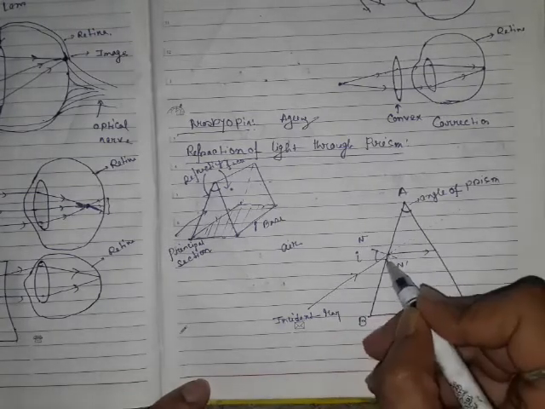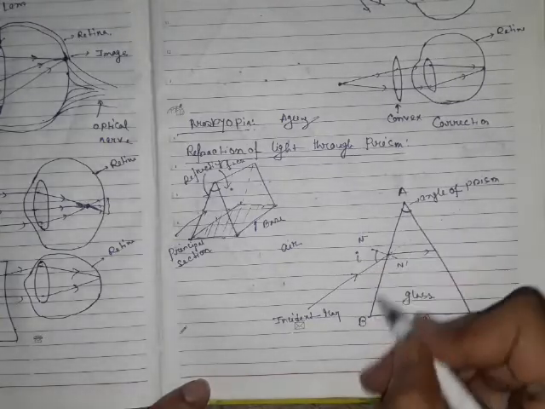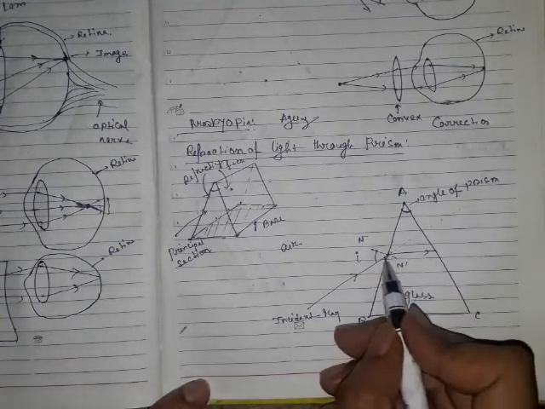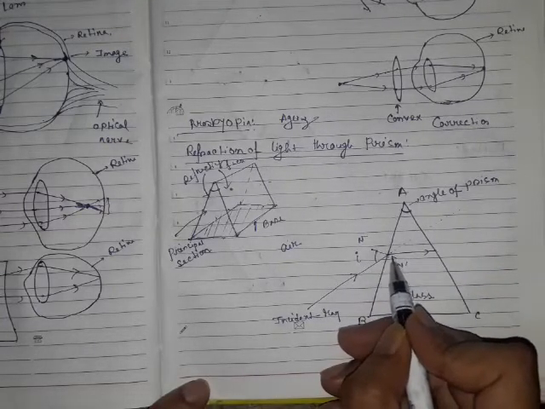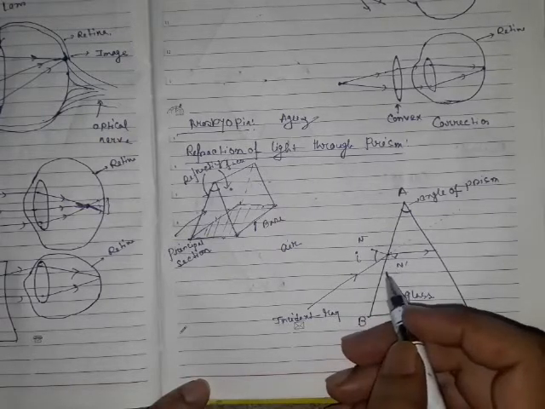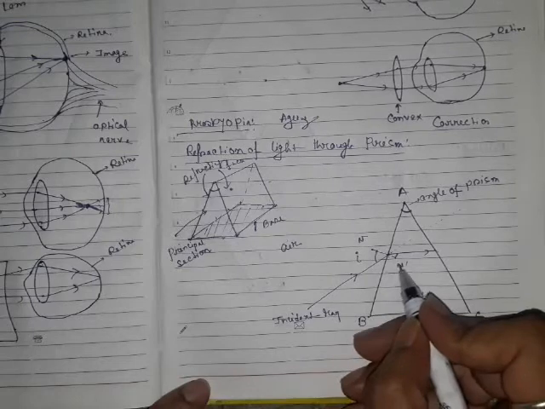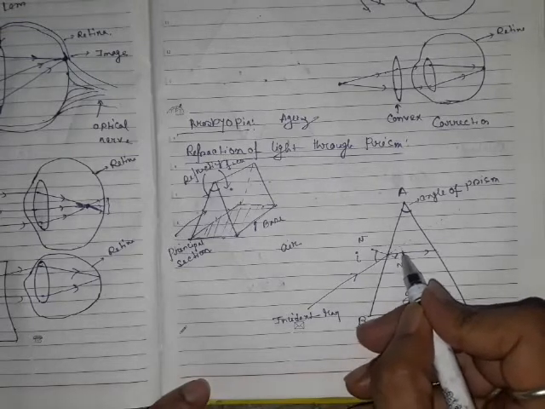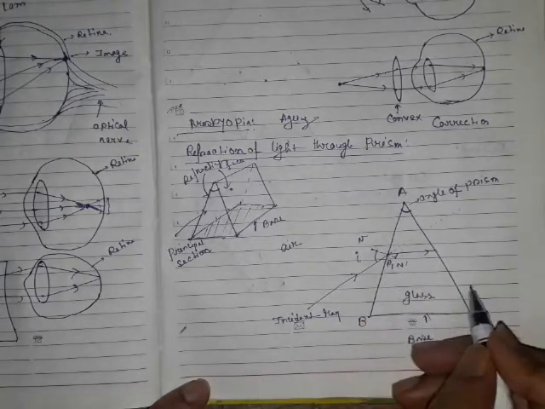This angle is the angle of refraction on the first surface, and it can be represented as r1.